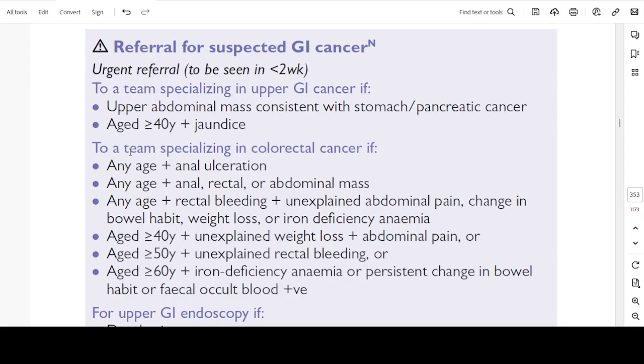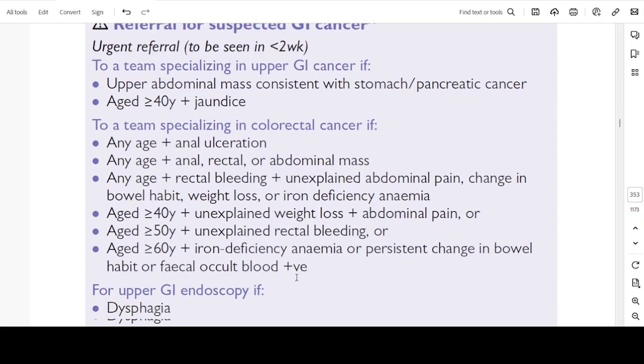To a team specializing in colorectal cancer: any age plus anal ulceration; any age plus anal, rectal or abdominal mass; any age plus rectal bleeding plus unexplained abdominal pain, change in bowel habit, weight loss, or iron deficiency anemia; age more than 40 with unexplained weight loss and abdominal pain; age more than 50 with unexplained rectal bleeding; age more than 60 with iron deficiency anemia or persistent change in bowel habit, or fecal occult blood positive.